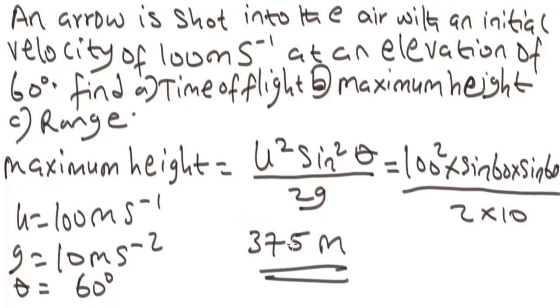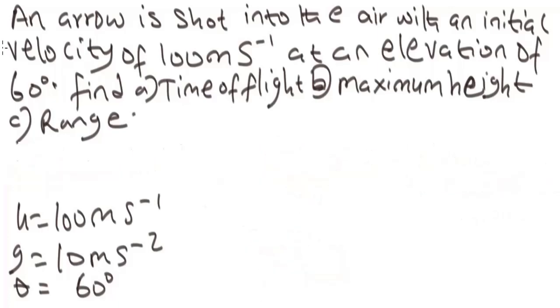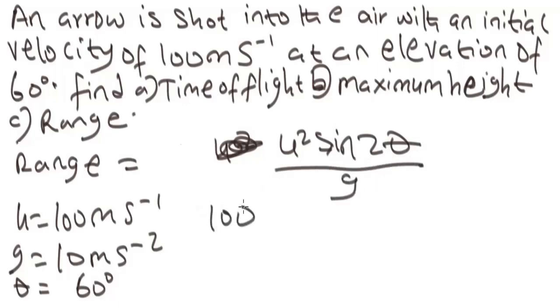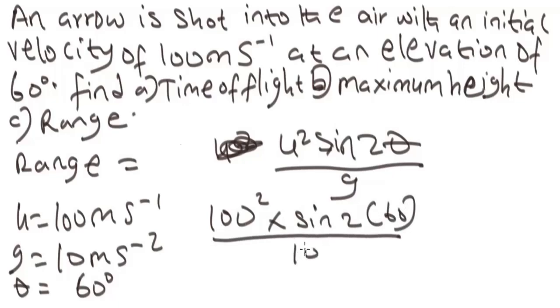So let's write this up. Range is calculated using u square sine 2 theta over g. When you substitute, you're going to have 100 square times sine 2 times 60, which is sine 120, over g, which is 10.